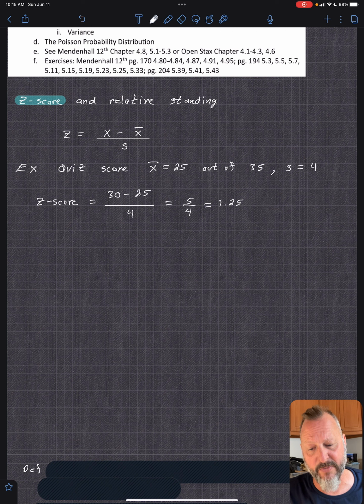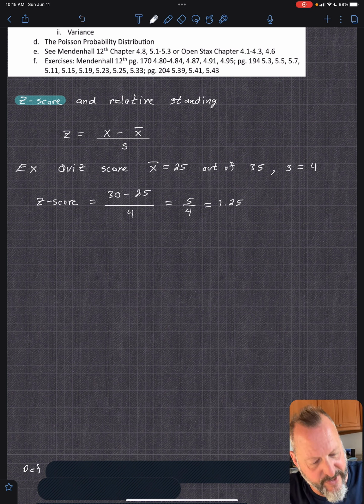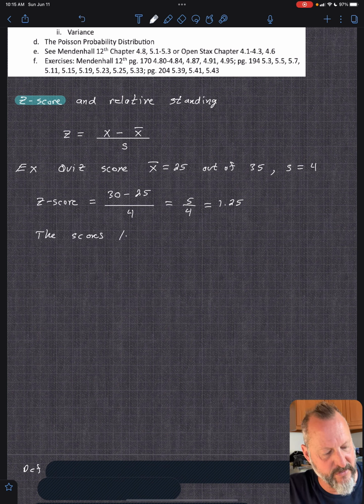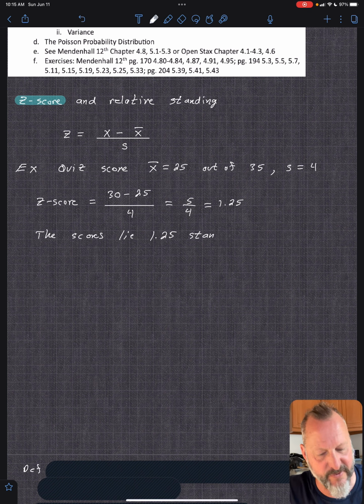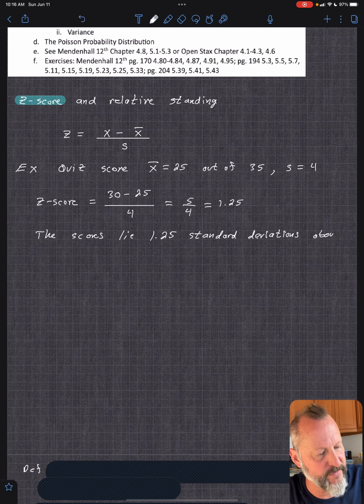So we say that the scores lie 1.25 standard deviations about the mean, so around the mean. I'm not telling you your actual score. I'm telling you what's the mean and what's the standard deviation. So what we know then is the scores on the exam lie 1.25 standard deviations about or around the mean.